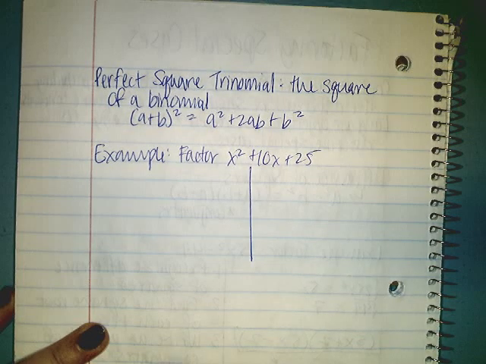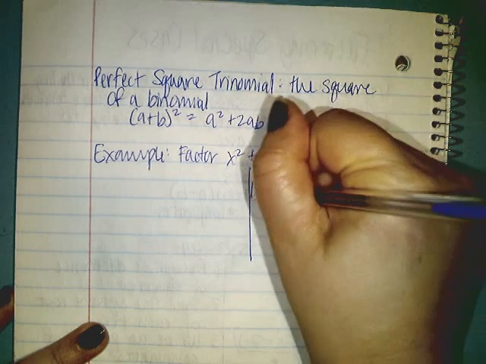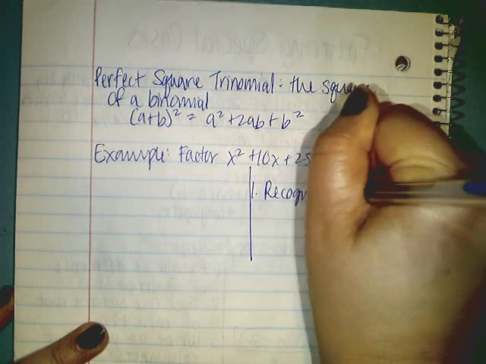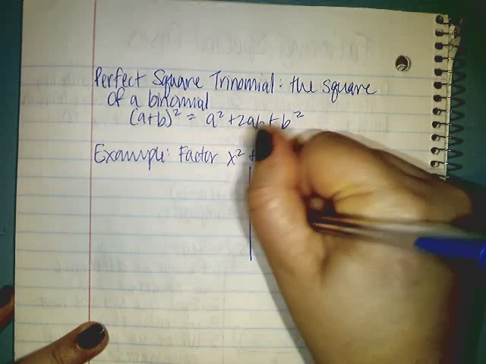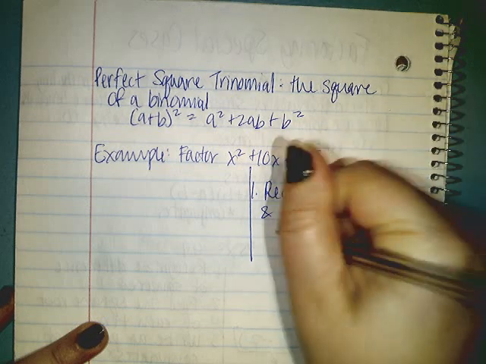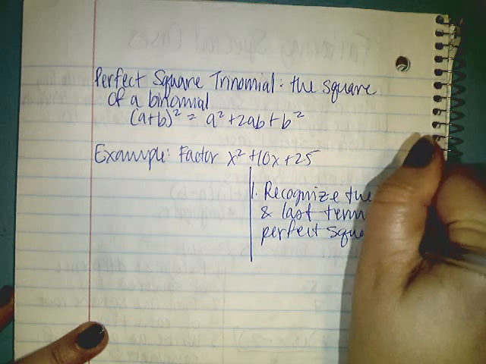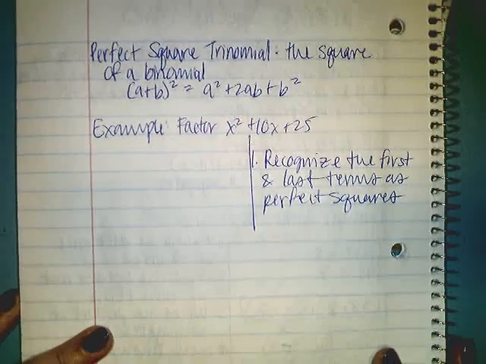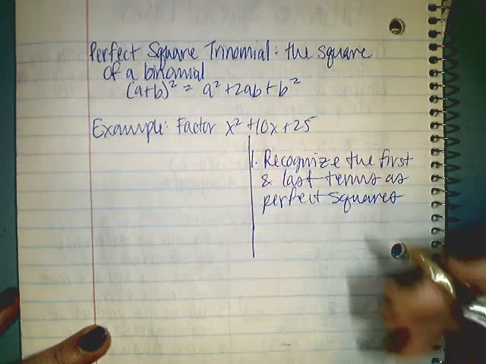All right, so back to the example. First thing, you have to recognize the first and last terms as perfect squares. So I know x squared is a perfect square, 25 is a perfect square, so that checks out first and foremost.